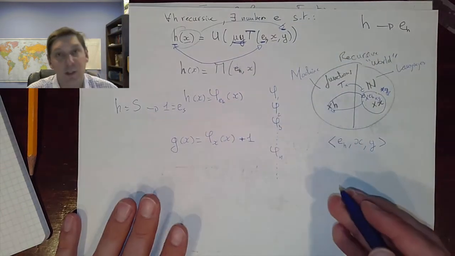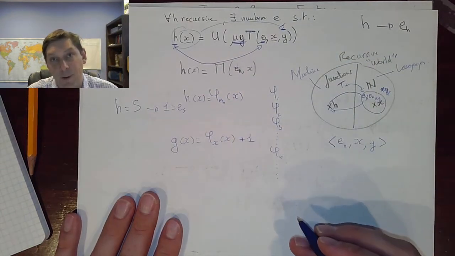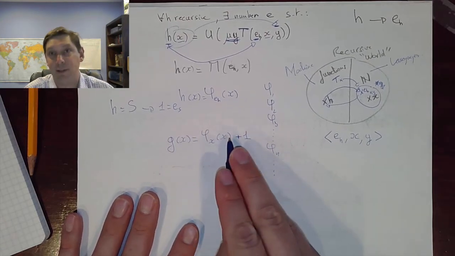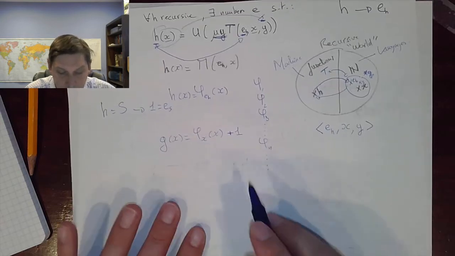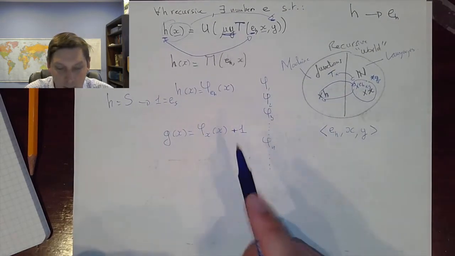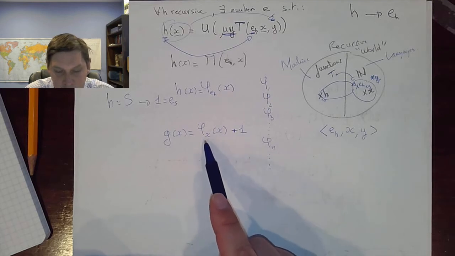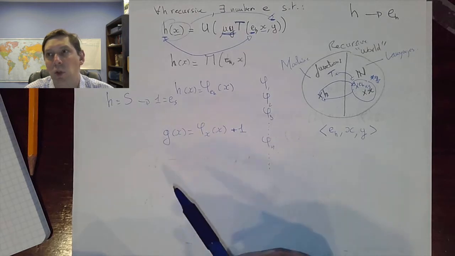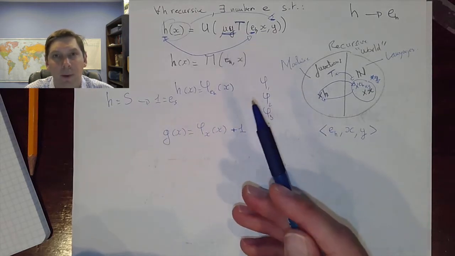So I'm defining a recursive function as phi x of x plus 1. Phi x of x, what does it mean? It's kind of strange, but basically this function takes as argument its own encoding number.